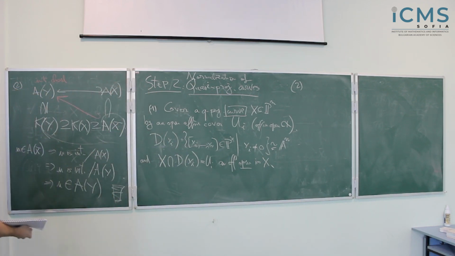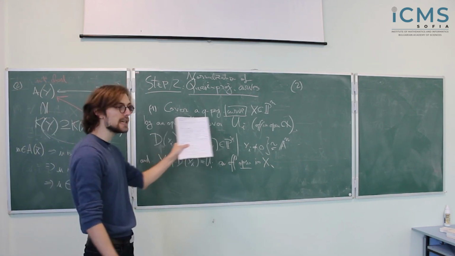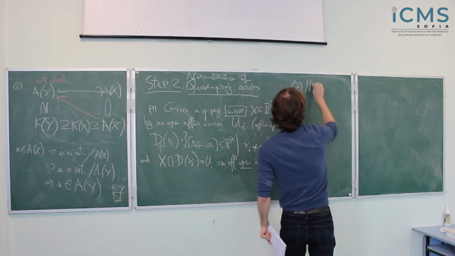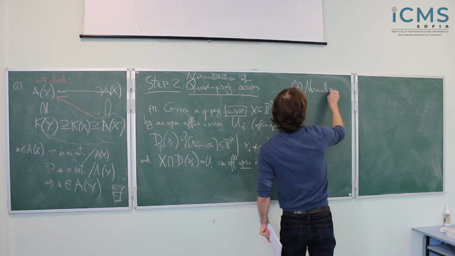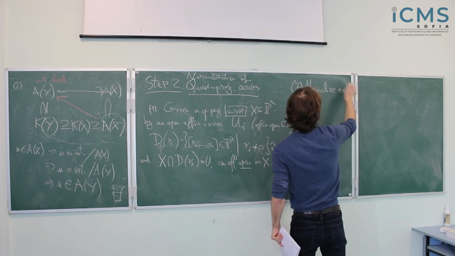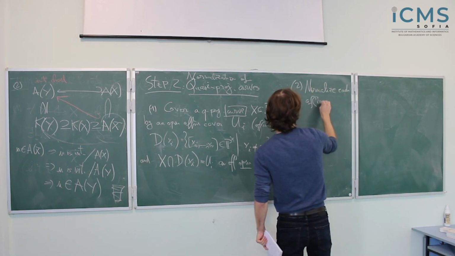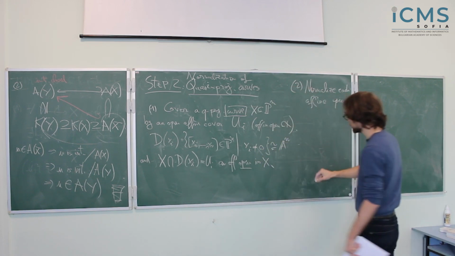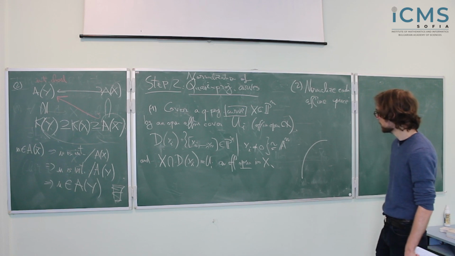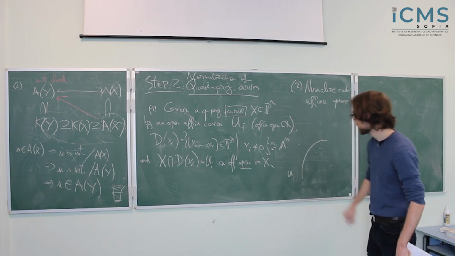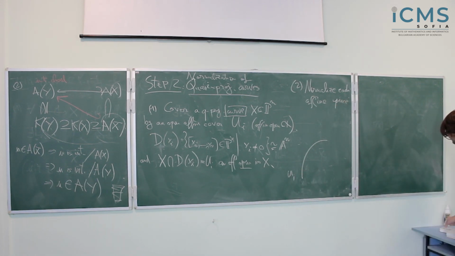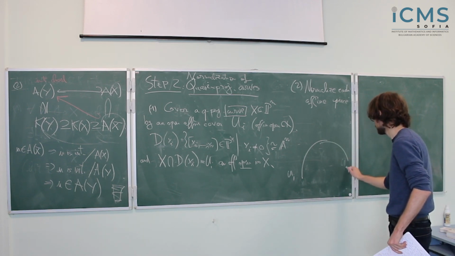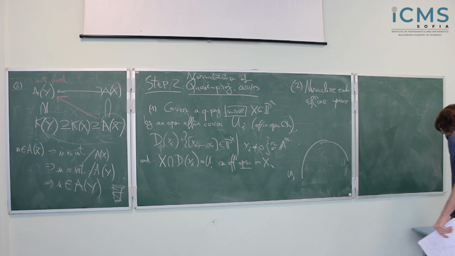Well, a natural step would be to normalize each affine piece. So maybe we have an affine cover U_i over here, maybe we have an affine cover U_j over here.